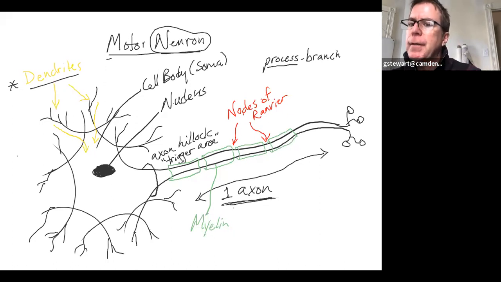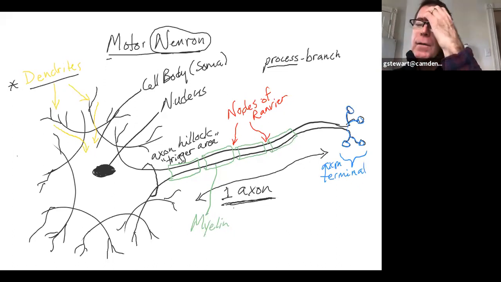Down here at this end, this is called the terminus or terminal end. Or better yet, the axon terminal. And sometimes, depending on what book you read, these are called axonal buttons, terminal buttons. You can see why they're called that.